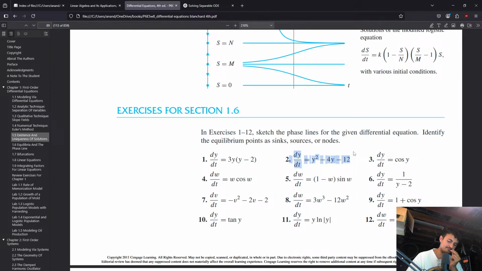So this is going to be a sink. And the other one is f prime of 6, which is 12 minus 4, equal to 8, which is greater than 0, so it's a source. All right, speed run is gaining speed. All right, number 3.